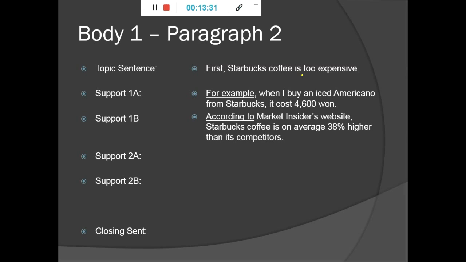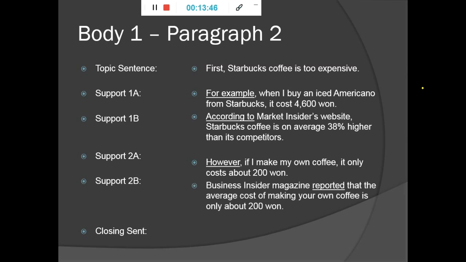So that would support my reason that it's too expensive. However, if I make my own coffee, it only costs about 200 won. And I've done a little bit more research here. Business Insider magazine reported that the average cost of making your own coffee is only about 200 won. Okay, so I did some research and I've used that as a second support.